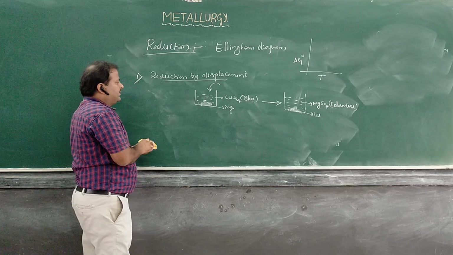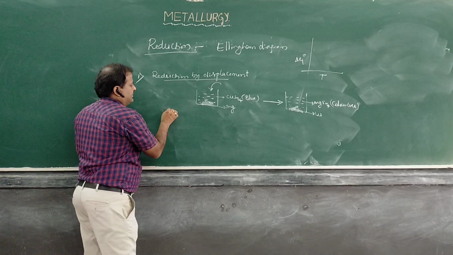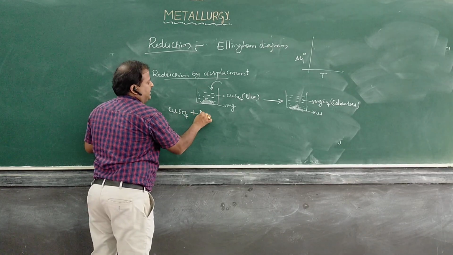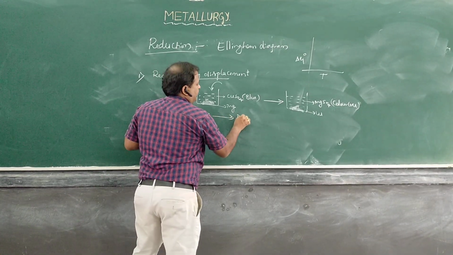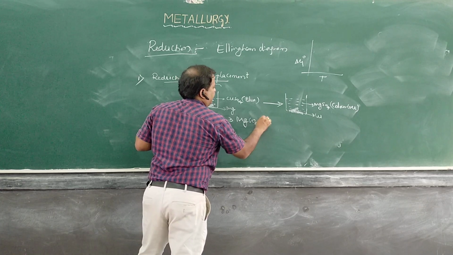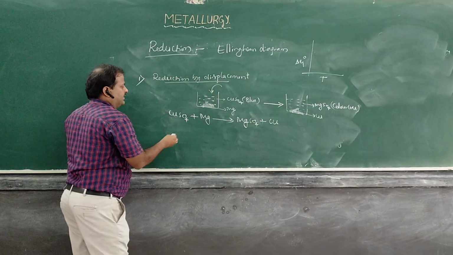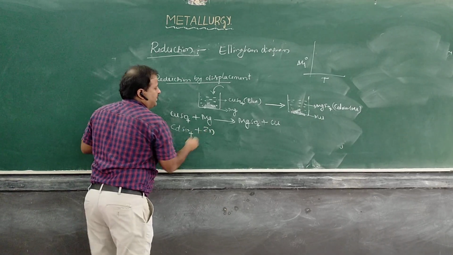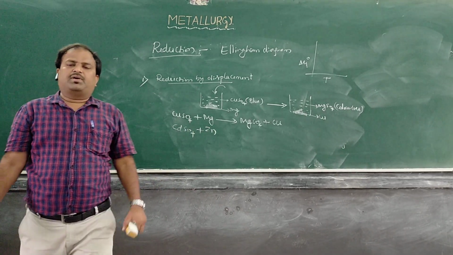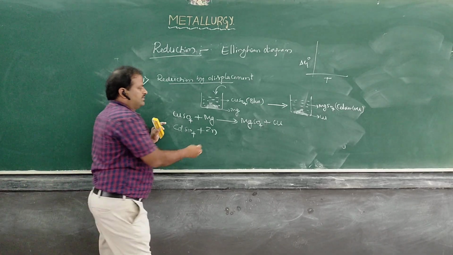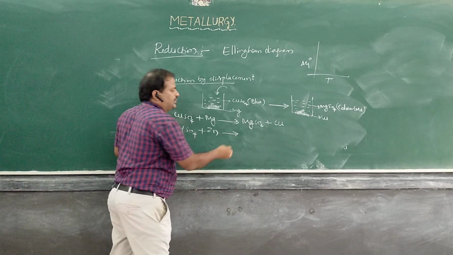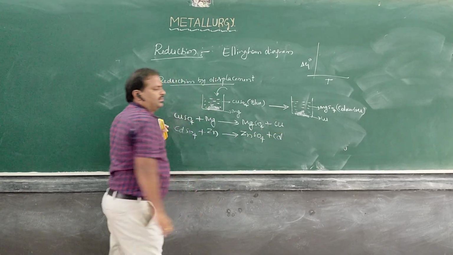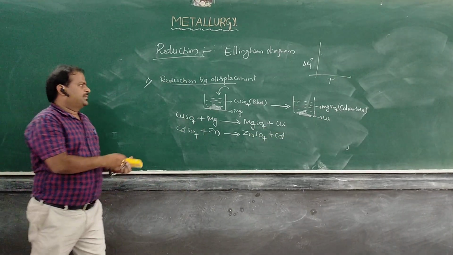That is, copper sulfate plus magnesium gives magnesium sulfate and copper. Very similarly, if you add zinc powder to cadmium sulfate, a displacement reaction takes place to give zinc sulfate and cadmium. This is reduction by displacement.